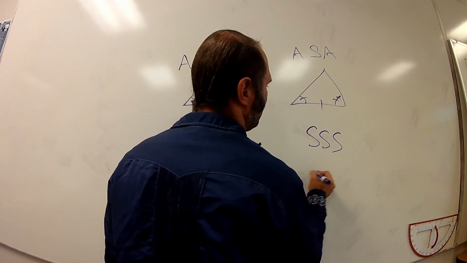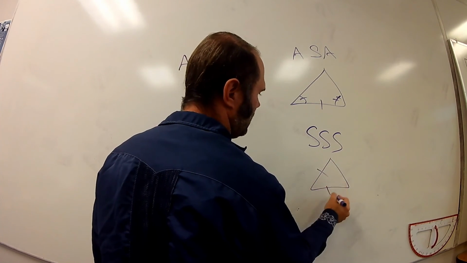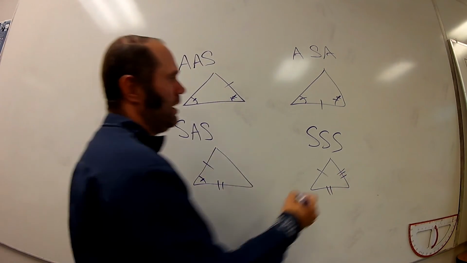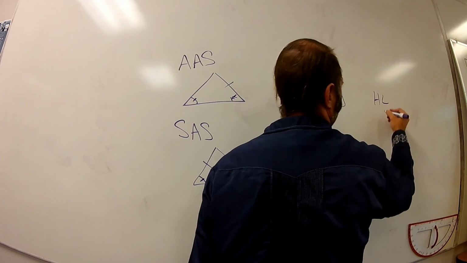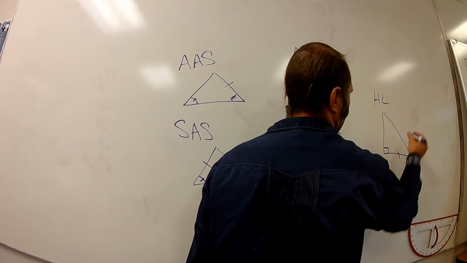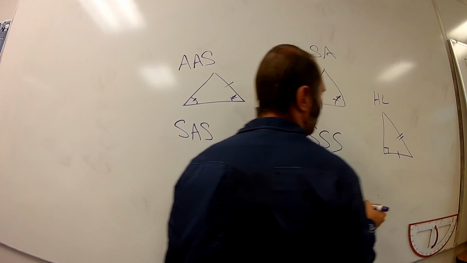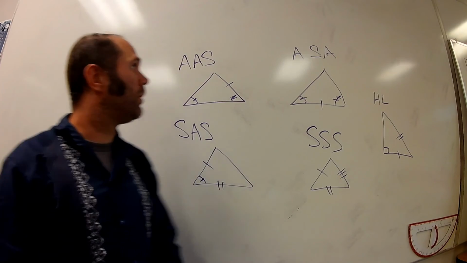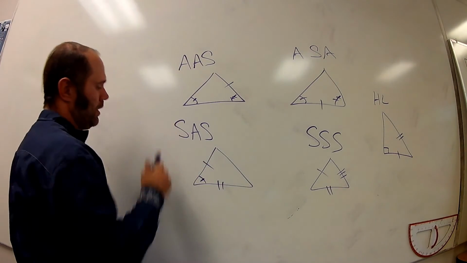Side, side, side. And the last is HL, hypotenuse leg. And there you go. So those are the 5. So there are only 5.